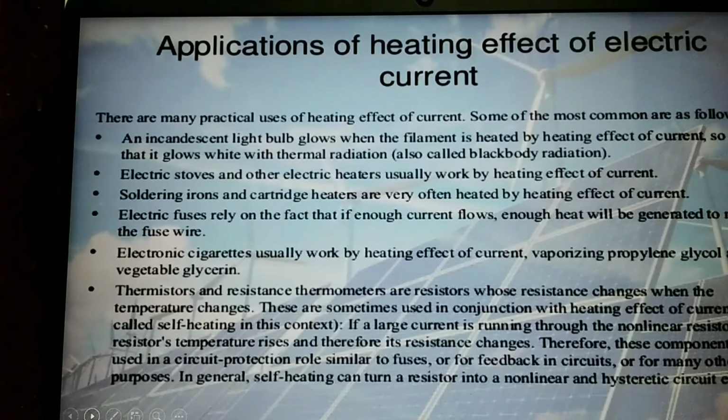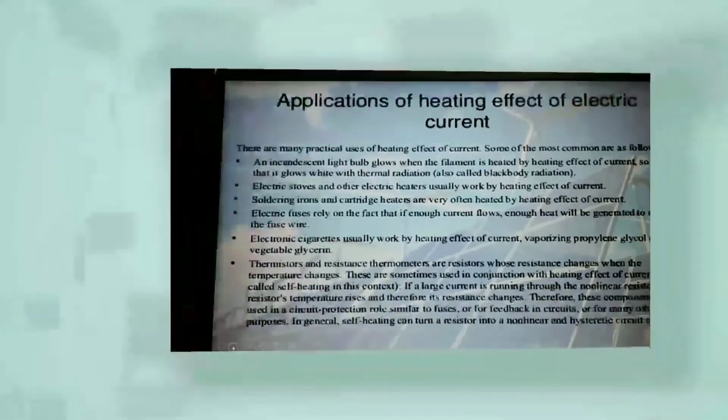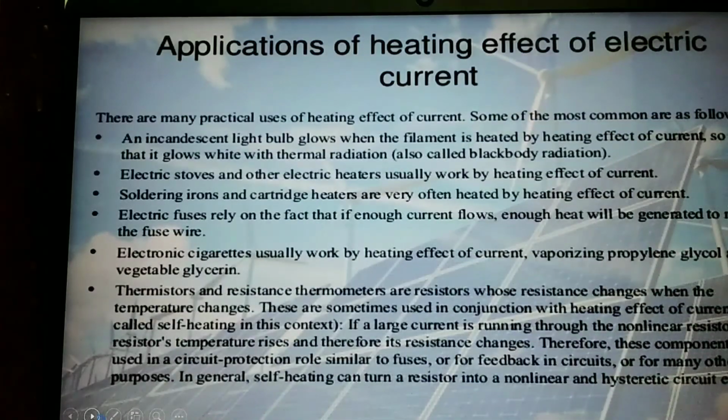Thermistors and resistance thermometers are resistors whose resistance changes when temperature changes. These are sometimes used in conjunction with heating effect of current, also called self-heating in this context. If a large current is running through the nonlinear resistor, its temperature rises and therefore its resistance changes.